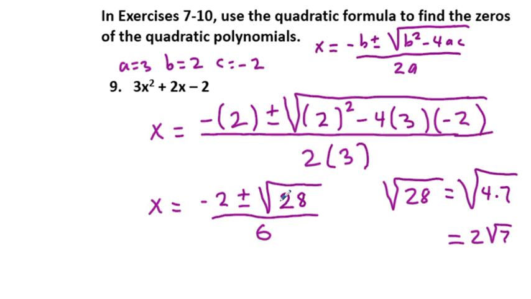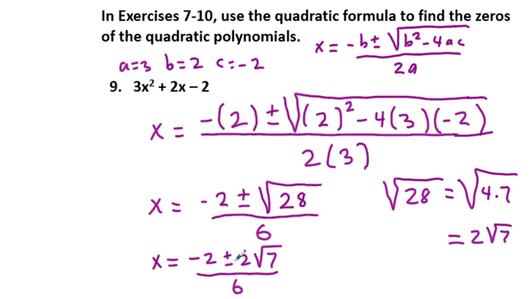So we can rewrite the square root of 28 as 2 square root of 7. And so x equals -2 plus or minus 2 square root of 7 over 6.